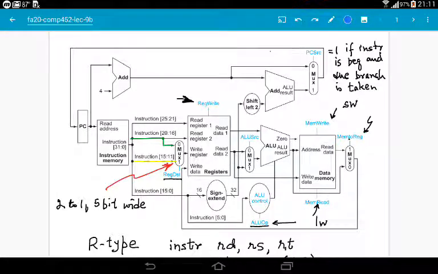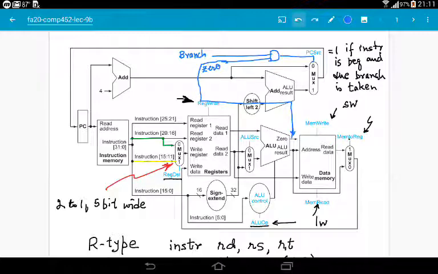In one of the previous lectures I showed you that there is an AND gate, and one of the inputs of that AND gate is a signal coming from the main controller, and the other input is coming from the zero output of the ALU.